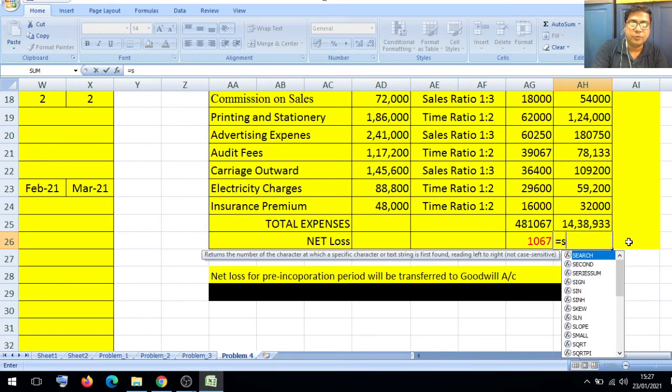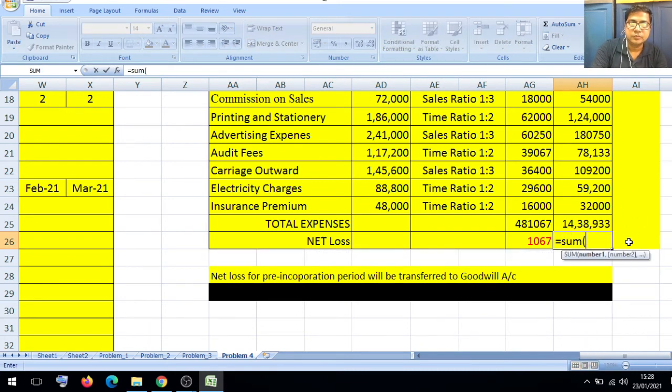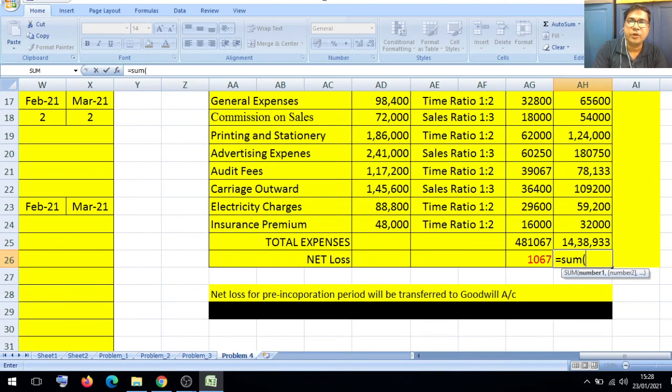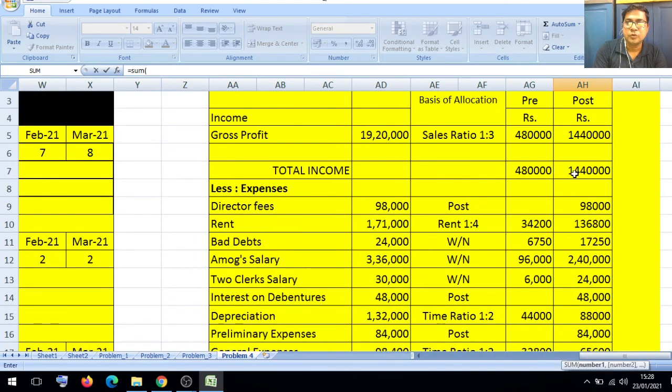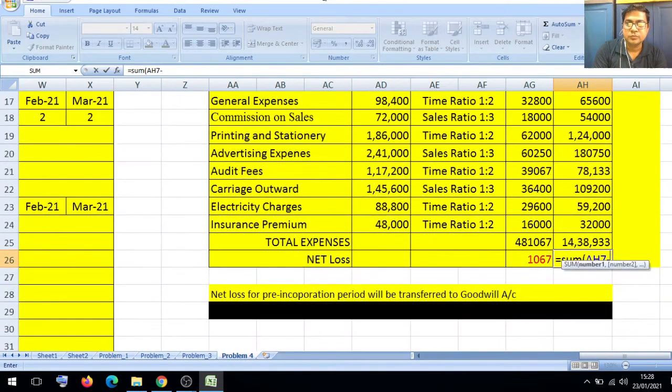we have to find out the post incorporation. Is there any profit or loss? 14 lakh 40,000 minus 14 lakh 38,933. So we got 1067. It is a net profit.